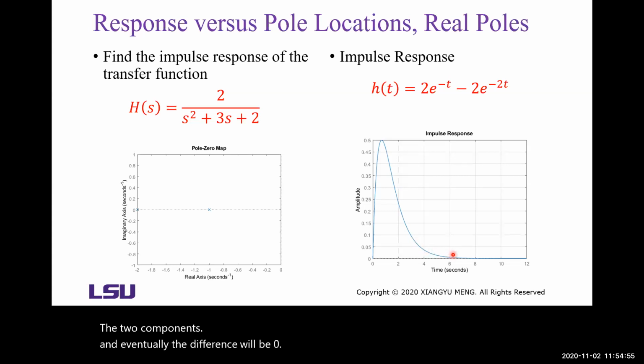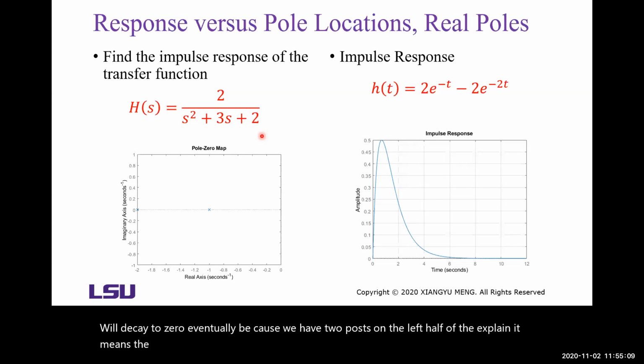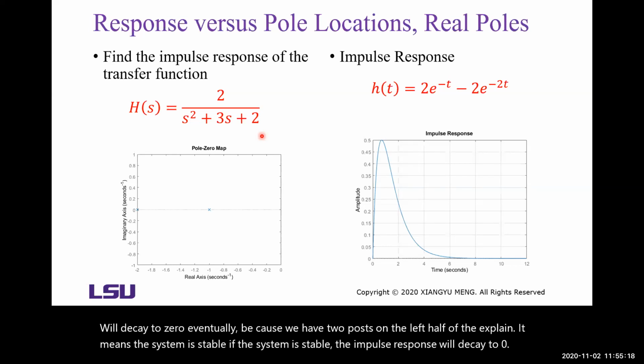The impulse response will decay to 0 eventually, because we have two poles in the left half of the s-plane. It means the system is stable. If the system is stable, the impulse response will decay to 0. That is the definition of stability.